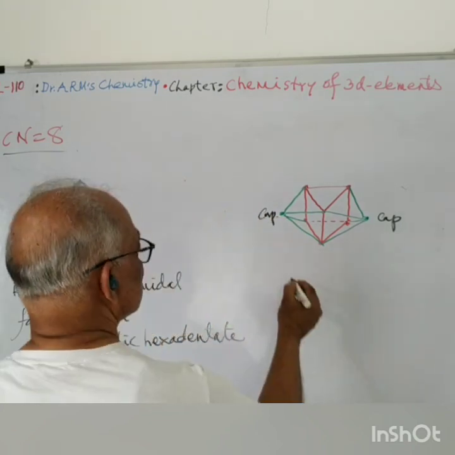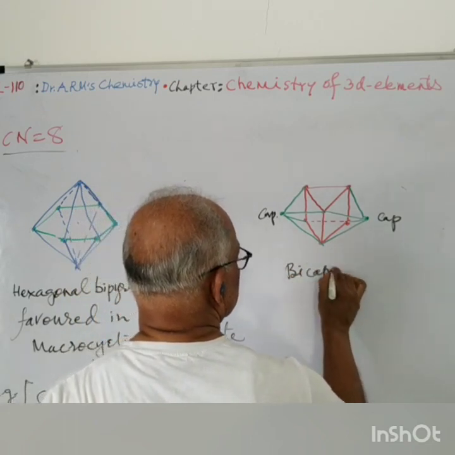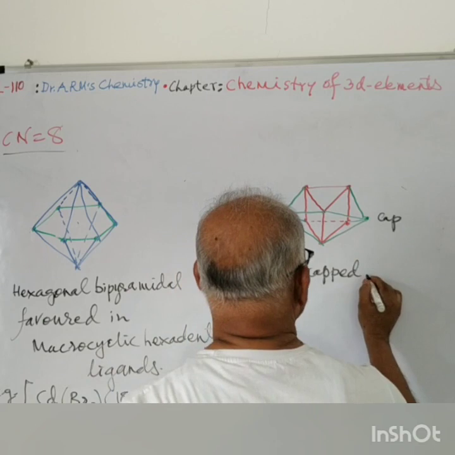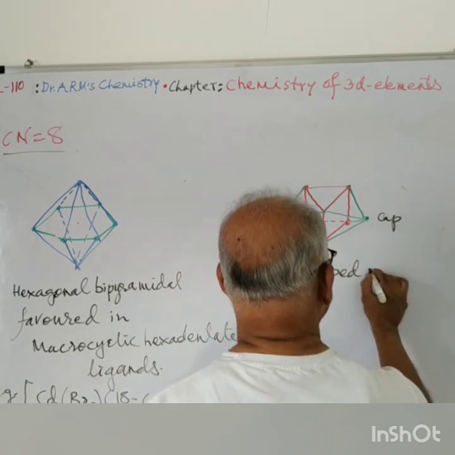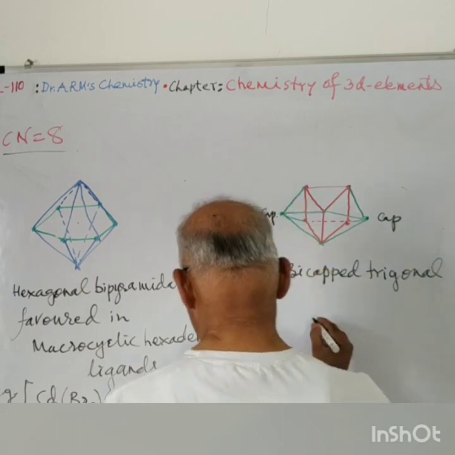So this is called the bicapped trigonal prism.